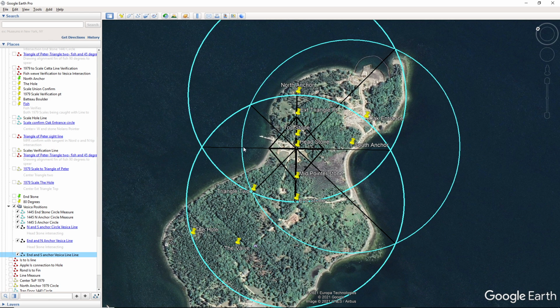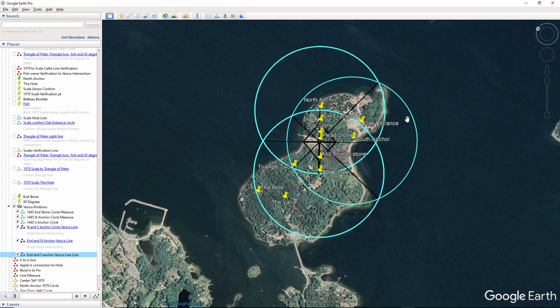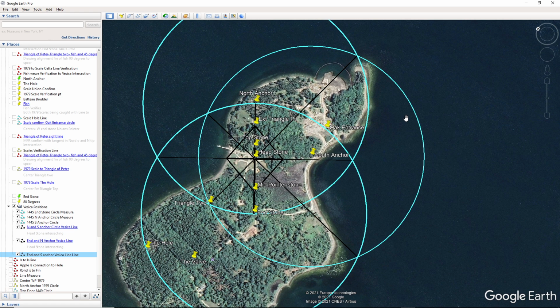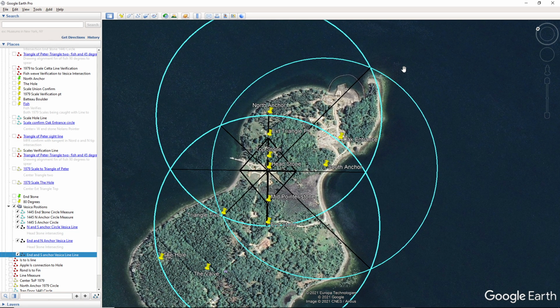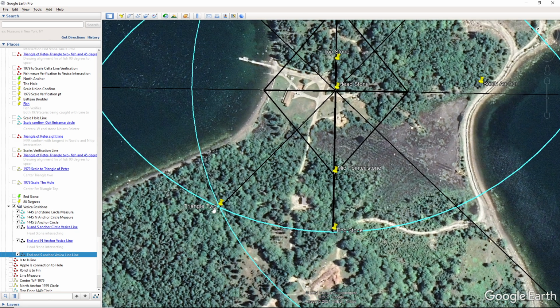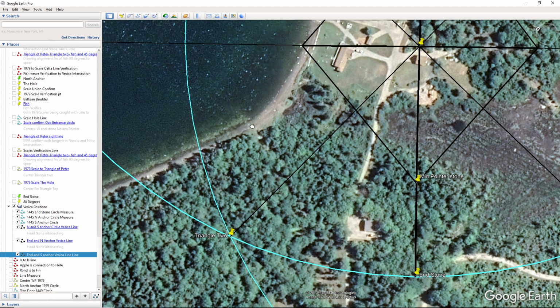Do you see what I'm showing you here? All these circles have Vesica Pisces. There's one here, there's one here, and then there's the main one that we have here. If you connect them all, and they are connected, they are right on.